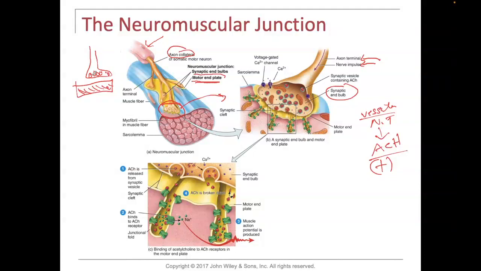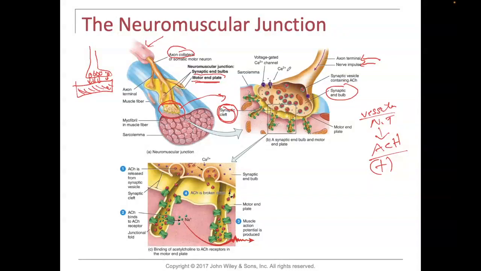And remember what I said earlier, the acetylcholine has to find a way to make it to the muscle. It has to cross this gap or this space. And that gap or that space is called the synaptic cleft. So you can see that right in here, it looks like these vesicles are opening and releasing their contents to cross the synaptic cleft.